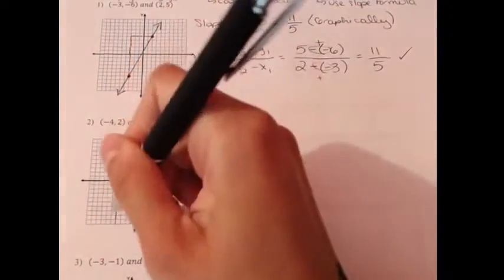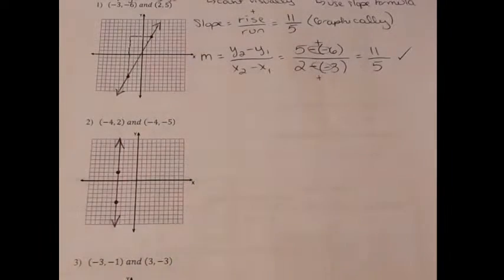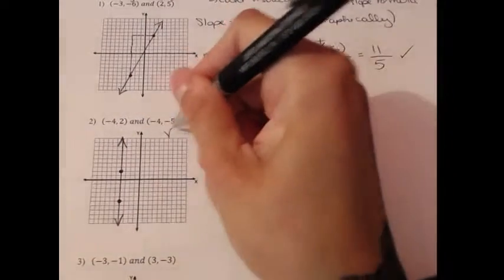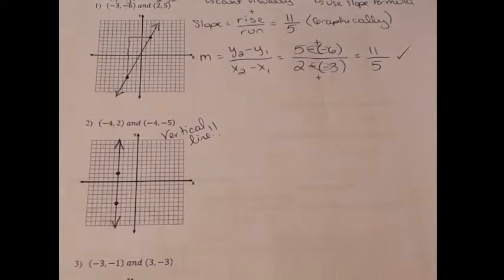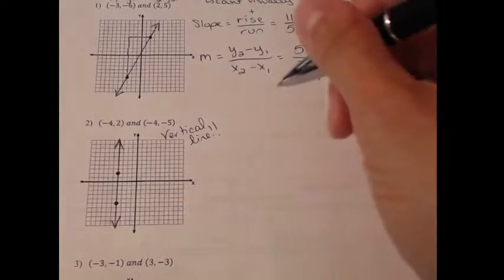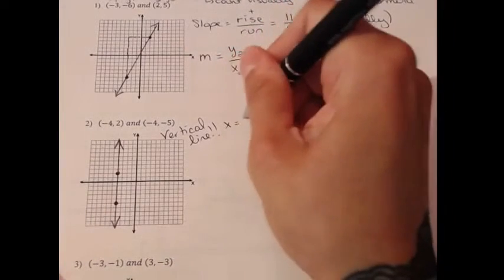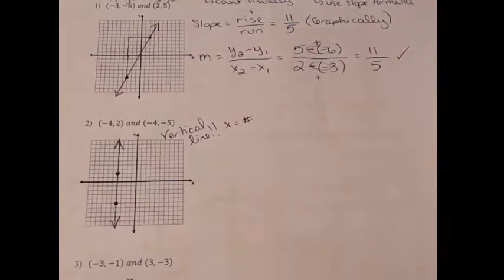So right off the bat, connecting those 2 points, we say, whoa, I have a vertical line. And because I have a vertical line, I actually know the equation of that line. We know that every vertical line is of the form x is equal to a number. Well, look at the 2 ordered pairs.